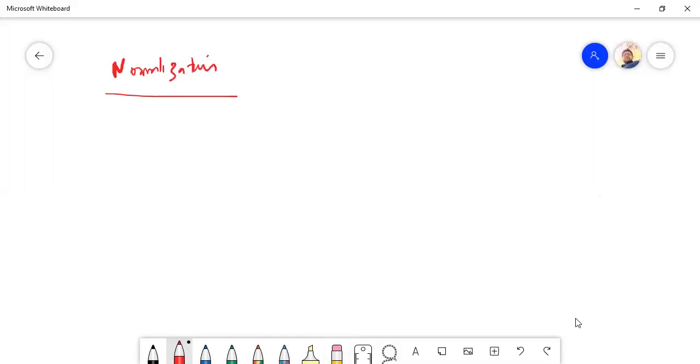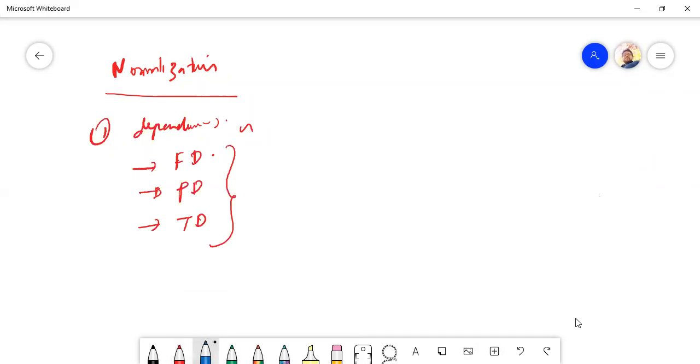Here we learned about dependencies. Functional dependency, then partial dependency, and the next one is transitive dependency. If you understand these three dependencies, then everything is fine.